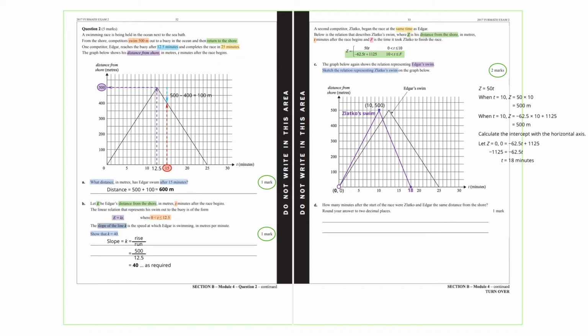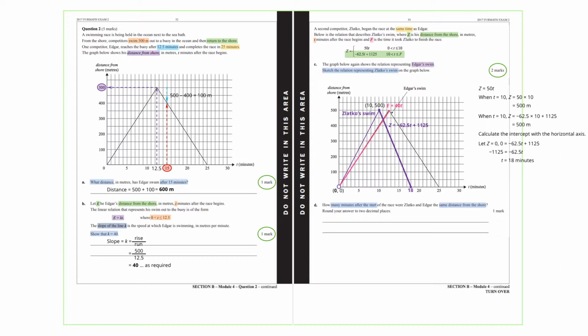Part D. How many minutes after the start of the race were Zlatko and Edgar the same distance from the shore? This happens when the two lines intersect. The line with equation E equals 40t and the line with equation Z equals negative 62.5t plus 1125.